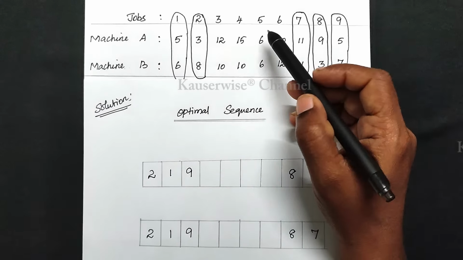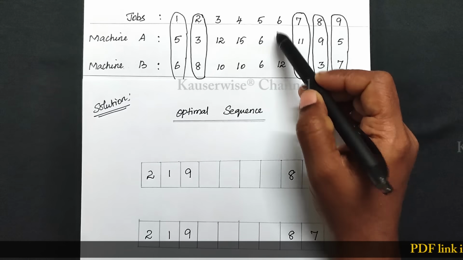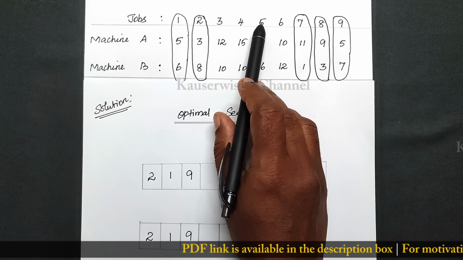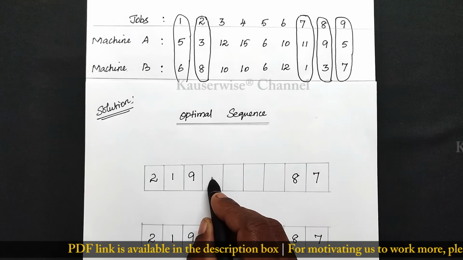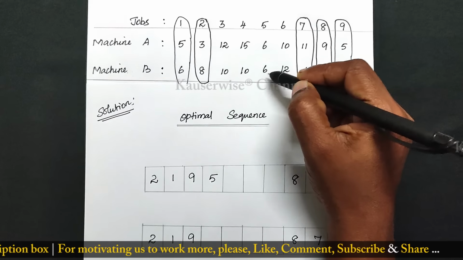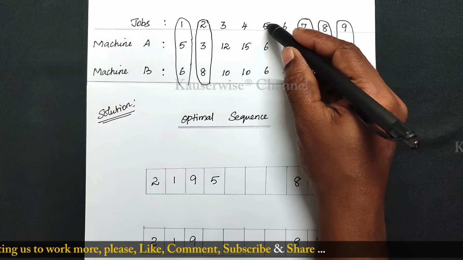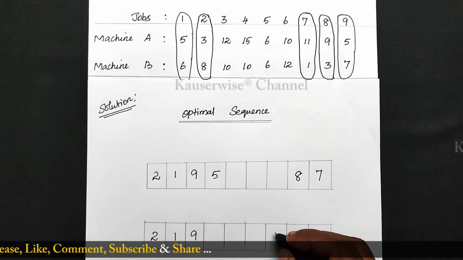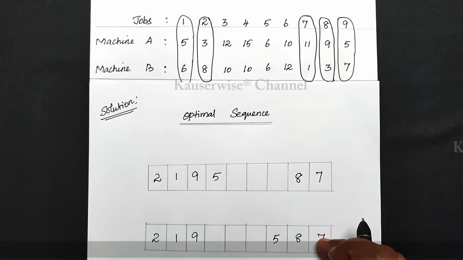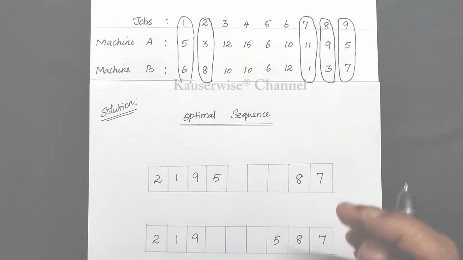For this particular job, that is job 5, if we consider mission A, we have to assign job 5 in the forward direction. Job 5 will be assigned here. If we consider mission B, then we have to assign this particular job in the backward direction. So assign 5 here. So here we have 2 different alternative optimal sequences.